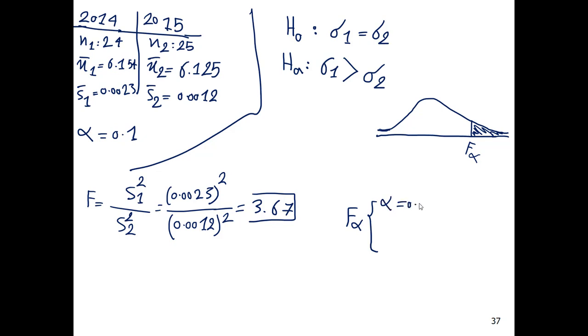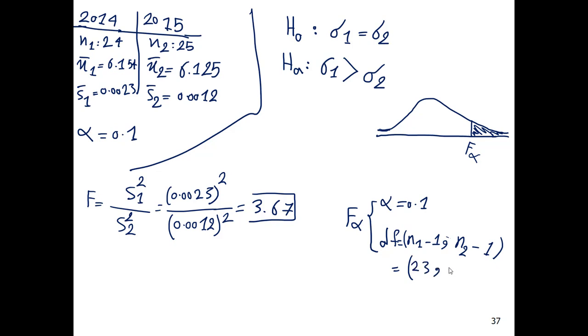We have another F that we have to look up in the F table. For alpha 0.1, we have 2 degrees of freedom, N1 minus 1 and N2 minus 1. So for N1, 24 minus 1 gives you 23.